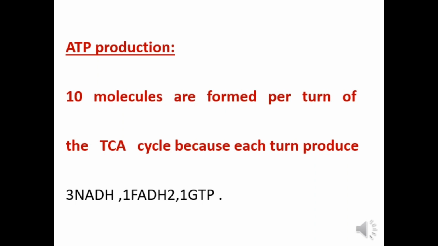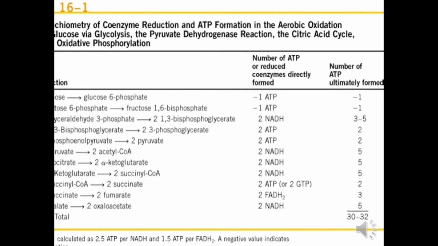This figure shows the complete oxidation of glucose by glycolysis and Krebs cycle. As we said, in glycolysis under aerobic condition, it produces 7 ATP. Why? Because it produces 2 molecules of NADH. Each of them through the respiratory chain produce 2.5 ATP. The total is 5. This depends upon whether it enters the respiratory chain through the malate shuttle.